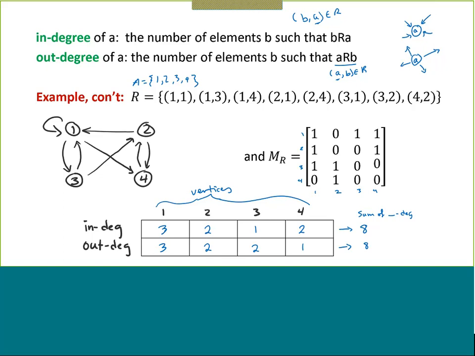But before you think about it, it may not be super obvious. So what do you guys think? Any guesses why those 2 sums, total in degree and total out degree, always have to be the same number? True of every single graph you'll ever encounter. Any guesses?